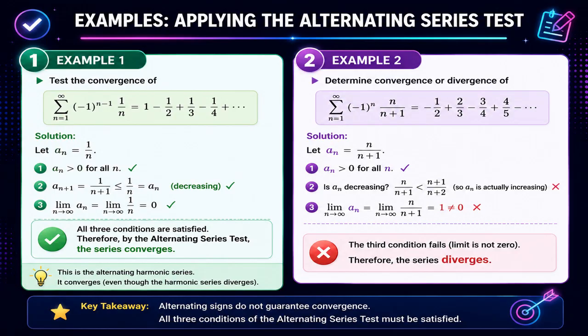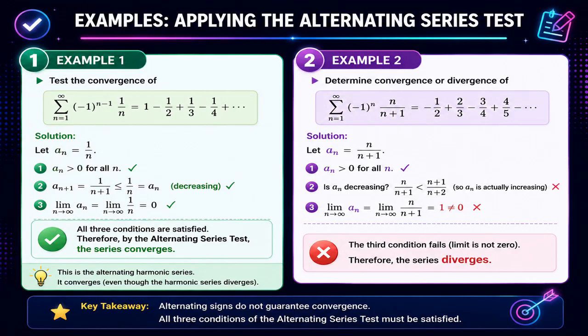The limit of n over n plus 1 as n approaches infinity is 1, which is not 0. Because this third condition fails, the sequence of terms does not vanish at infinity. Therefore, the test fails and the series diverges immediately by the divergence test.